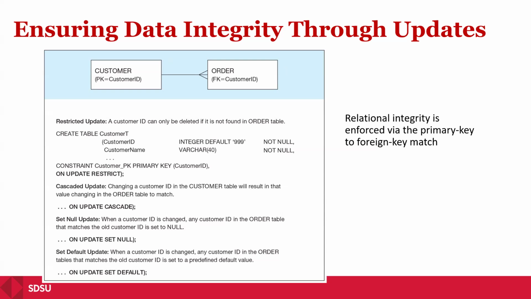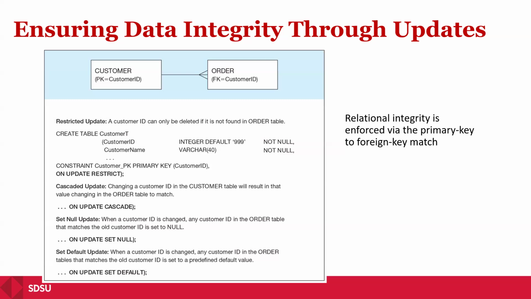Just like we talked before, we have a foreign key on the many side of the relationship, and every time we do something with a primary key, we need to make sure that those actions are not prohibited on the foreign key side. So, for example, if we have a cascade update constraint on the foreign key, every time we update a customer, we must update the order table too, and so forth for set to null and set default.